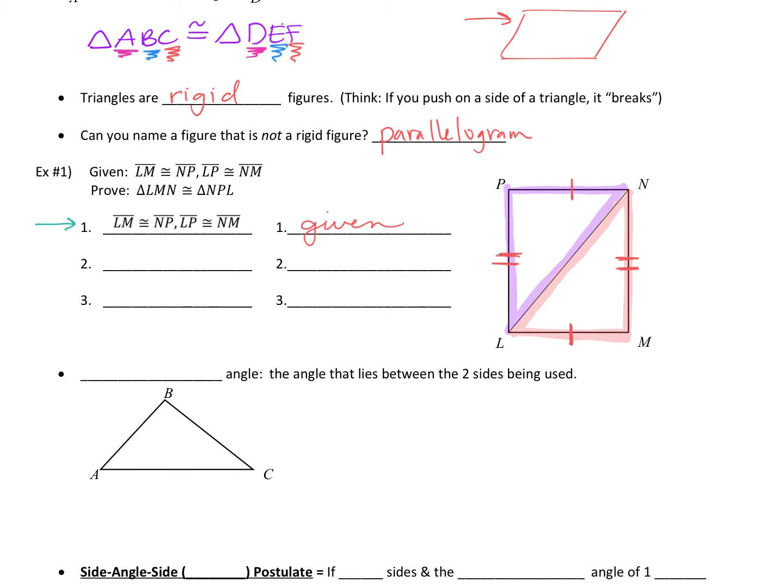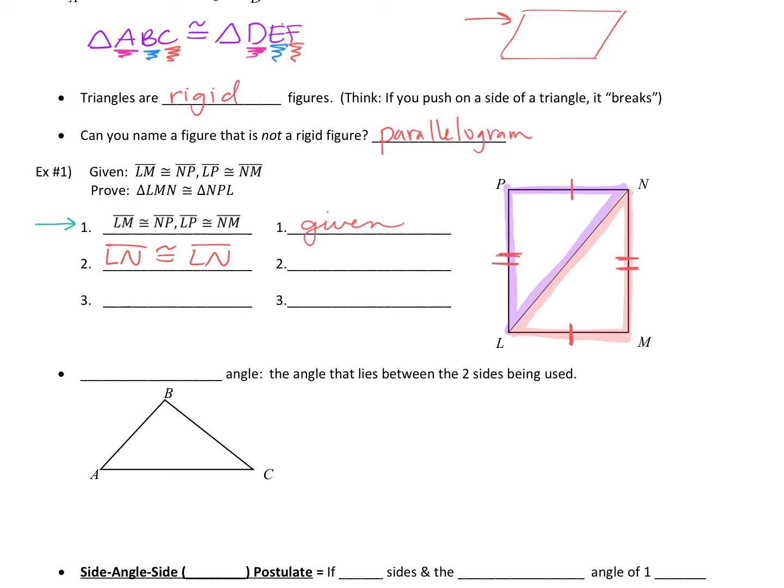Do you know the third side is congruent to the third side of the other triangle? Yes, because they both share LN. They're the same segment, right? So we're basically saying LN of the purple triangle is congruent to LN of the red triangle. What property is that?